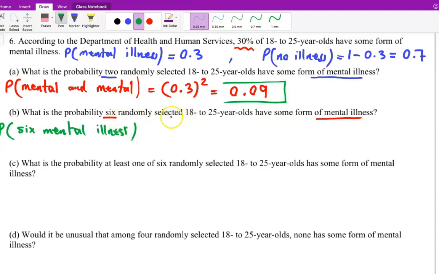Again, since we have randomly selected, these are independent, and that is equal to, for each one we have 30%. Since I have 6, use power 6, or you can multiply 30% multiplied by 30%, all of these. The answer is 0.000729.